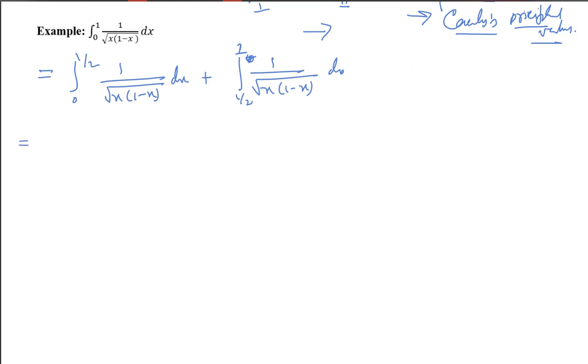So this is type 1. At 0 we have a point of discontinuity only, so this is type 1, and this is type 2.